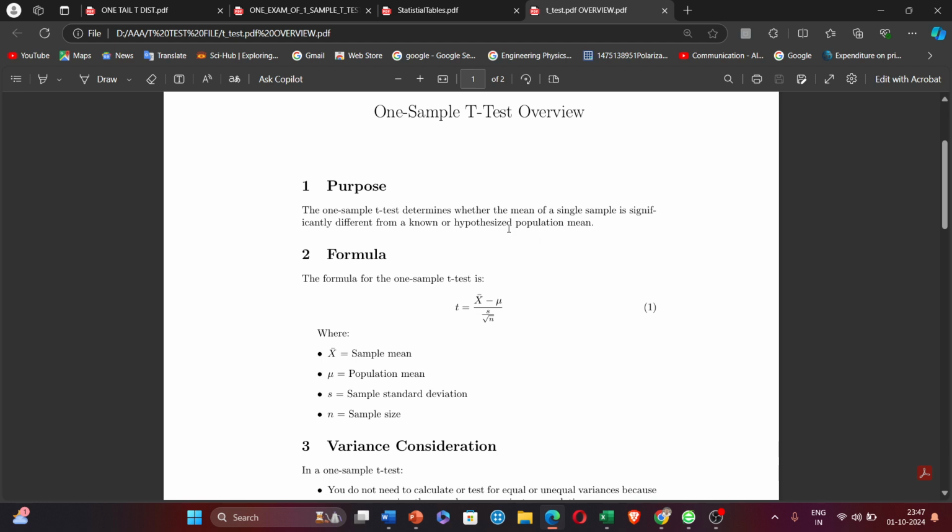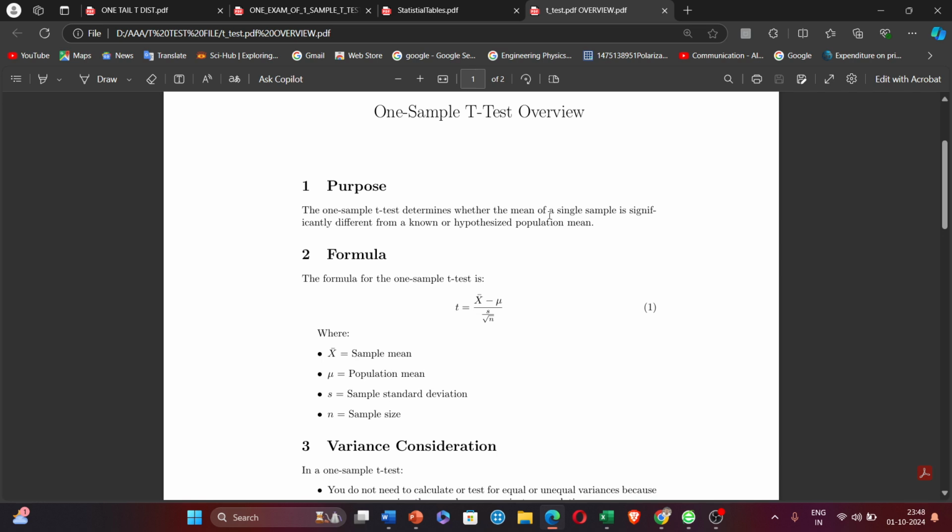So in the one sample t-test we have our population mean, and whether there is any difference between the sample mean and the population mean is our main concern. The formula is t equals x bar minus mu, divided by s over root n. Here x bar is the sample mean and mu is the population mean.